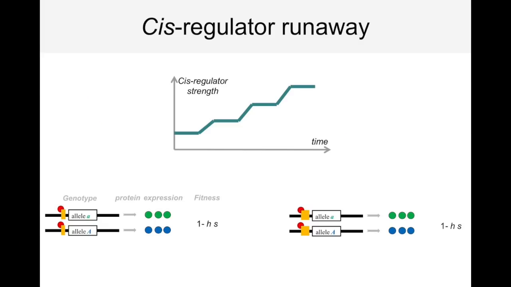And in fact, they spread indefinitely in this model. There is what is called a runaway. There is no reason, except if you put it in the model, that this process will stop. It goes forever. These regulators go further, the increase in strength further and further and further. There is no limit, at least in the model.